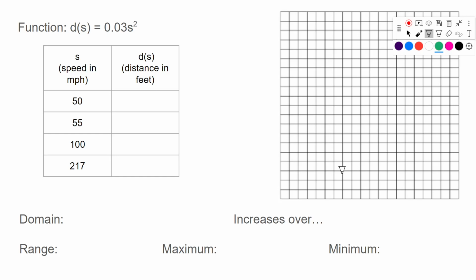Now, to calculate the distance in feet that it would have to brake, we would take this expression, the 0.03, and we would multiply it times the speed squared. So 0.03 times 50 squared is 75 feet.